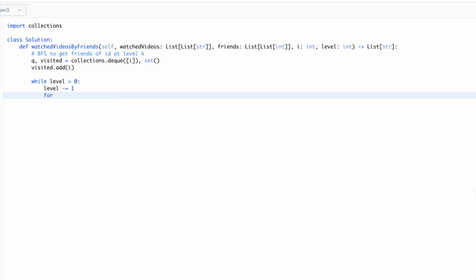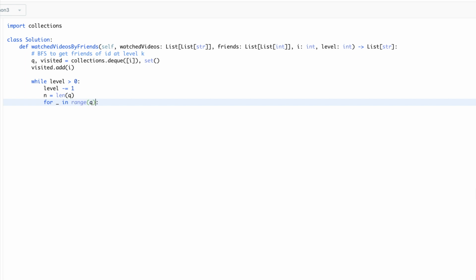So we will go through the queue, right? So this is the current level in the queue. Let's just get the size of the queue, and then for each in range of the queue size, we can just say pop left to get the first element in the queue.